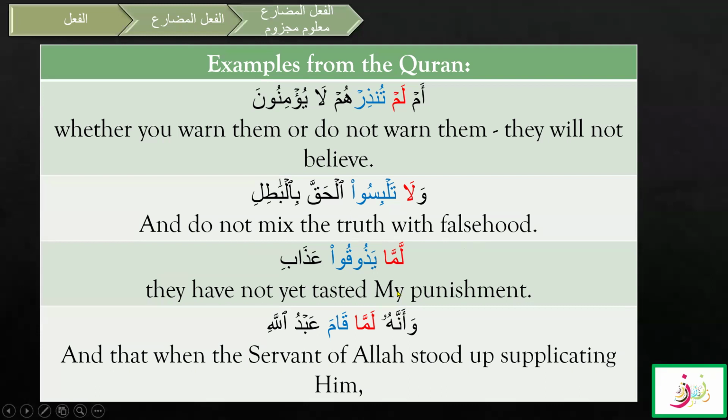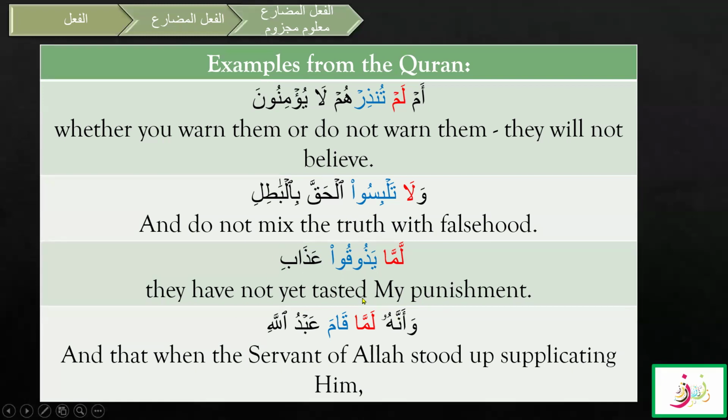The next example is "lamma yazuku azabi": they have not yet tasted my punishment. Yazukuna, here we apply the rule for the fi'l mudari majzoom, because it is preceded by lamma, the harf of jazm, we are going to drop the noon. Lamma yazuku azabi.